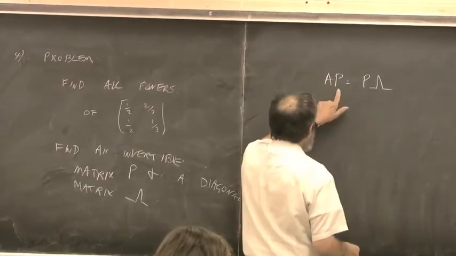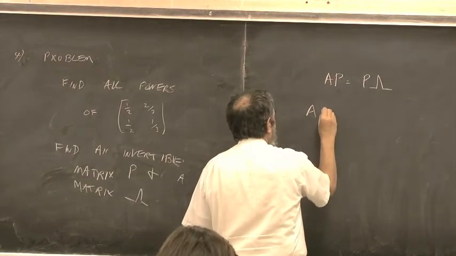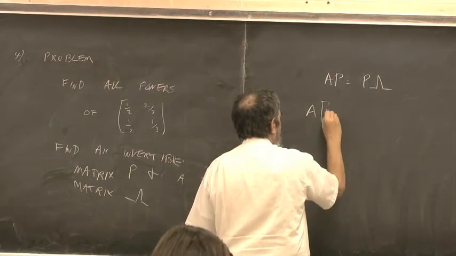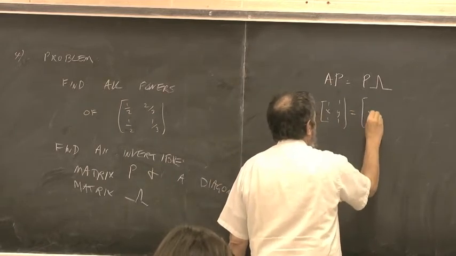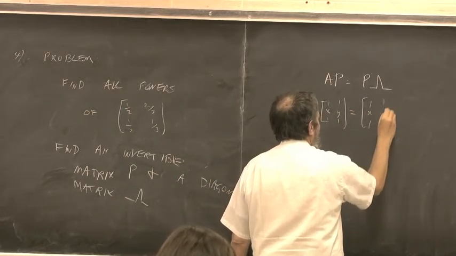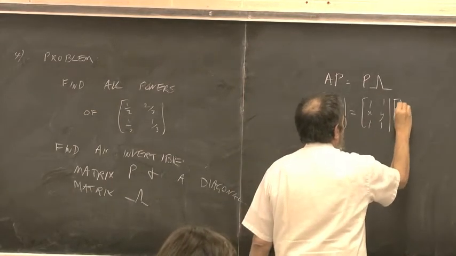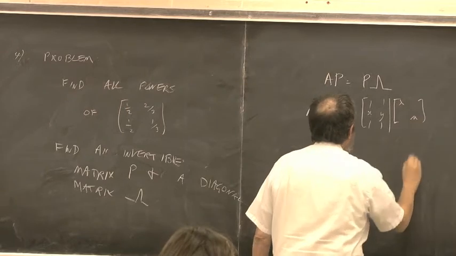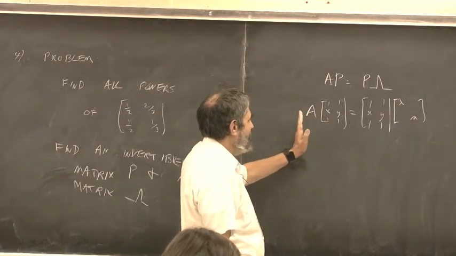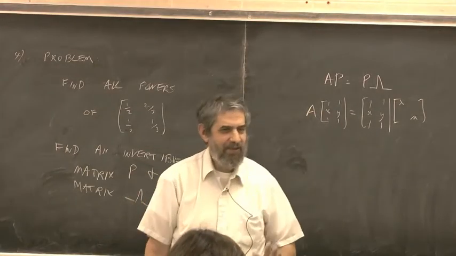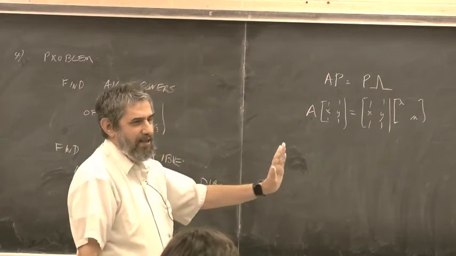Okay, so let's write P as, it's got like 2 columns in it. So maybe we'd write it as, the first column we'll call X and the second column we'll call Y. And on this side of the equation we got the column X and the column Y. And then we're multiplying by this diagonal matrix, let's call it little lambda, little mu. Now what happens when you multiply a matrix? How do you multiply matrices? That's one thing that you're supposed to know before the transforms course. You basically do it one column at a time.